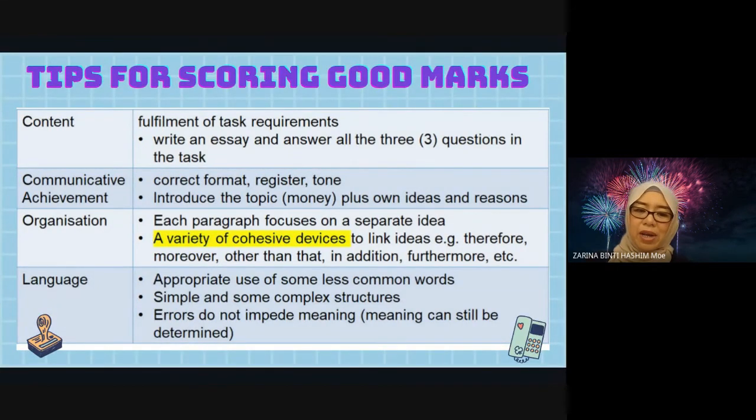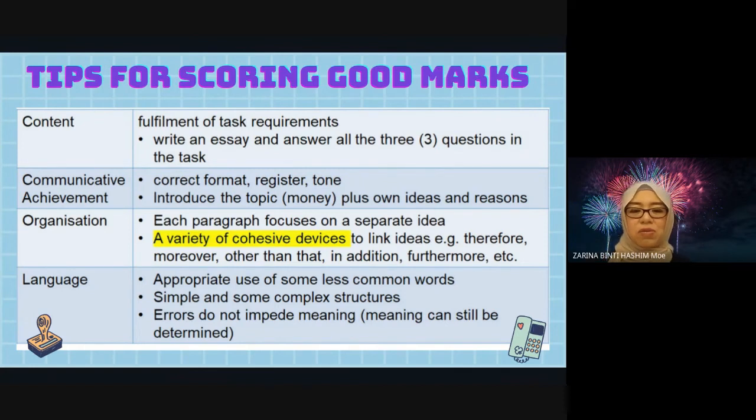Tadi dekat part 1 dia tak tulis a variety, dia just tulis cohesive devices. Maksudnya kamu guna cohesive devices tu satu pun cukup masa part 1, tapi part 2 ni kena guna banyak. A variety, berbagai-bagai, not just one, we want more here. Okay, maksudnya lebih banyak kamu guna dekat sini, lagi banyak peluang untuk kamu dapat markah yang tinggi untuk bahagian organisation.